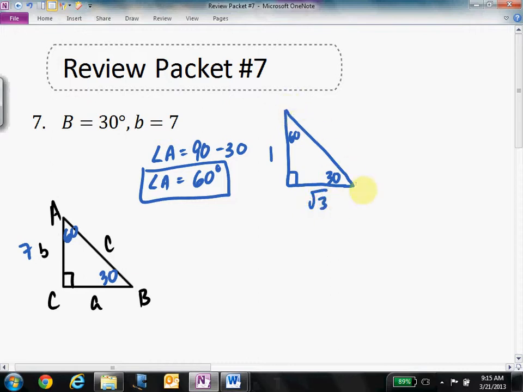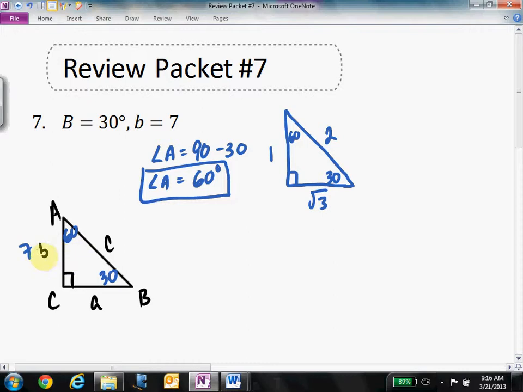And the side opposite the right angle, the hypotenuse, will be 2. So what this shows us is, if we know the side opposite the 30-degree angle, we can easily find the side opposite the 60-degree angle by multiplying this side by the square root of 3. What's 1 times the square root of 3? Square root of 3.